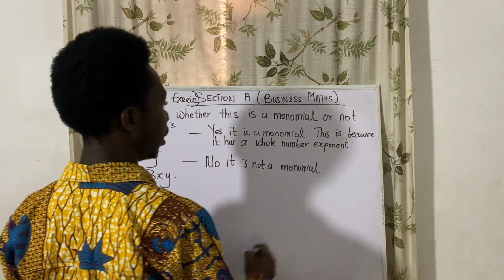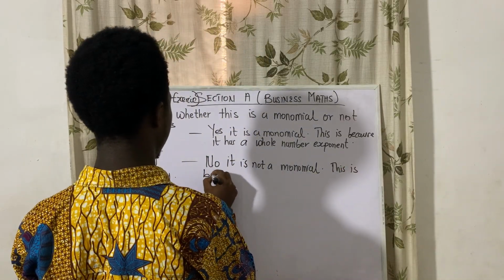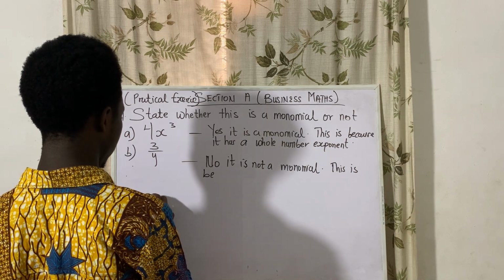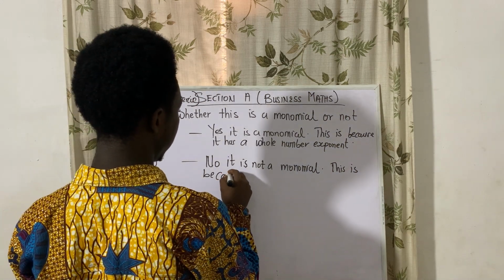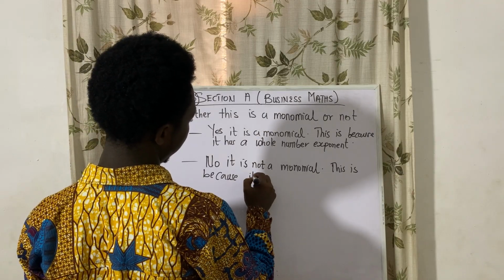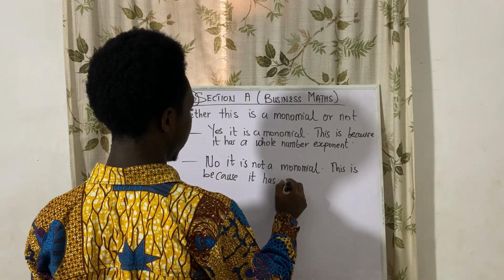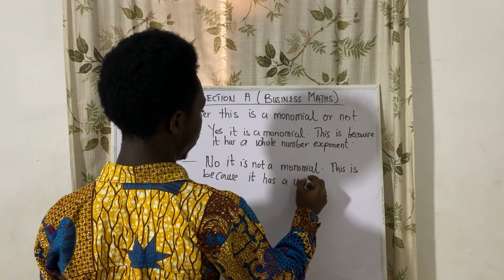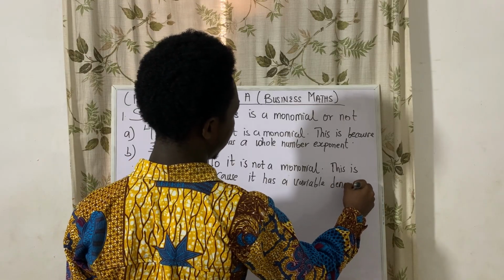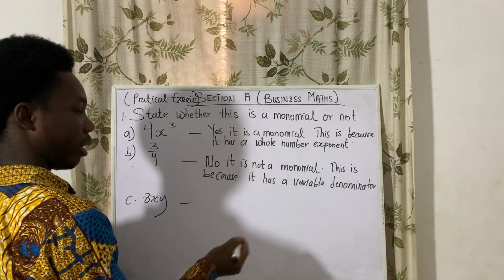This is because, write nicely, this is because it has a variable denominator, like this. You are done.